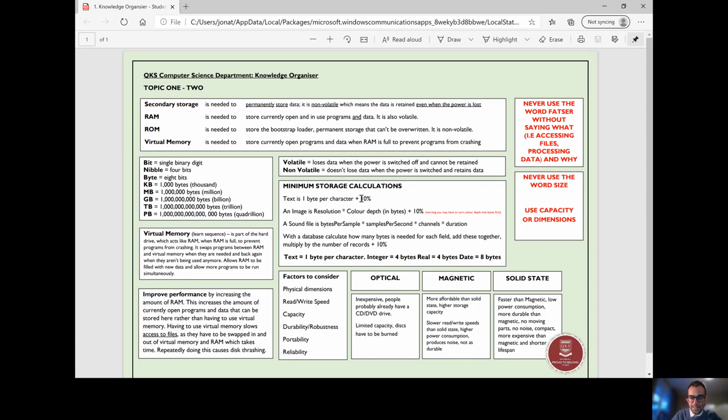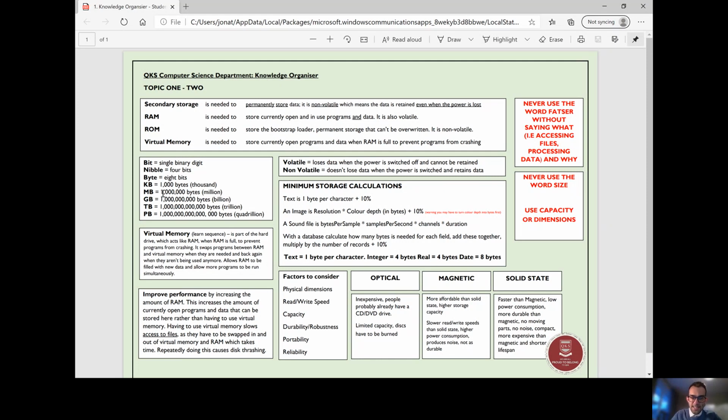You don't have to add in 10% for the metadata, but you can have that allowed for in your answers on the mark scheme as well by multiplying it by 1.1. So a text is just 1 byte per character. So if a text file has 5,000 characters, it's 5,000 bytes. And remember, you can use this scale down here to get it in a more appropriate unit of measurement.